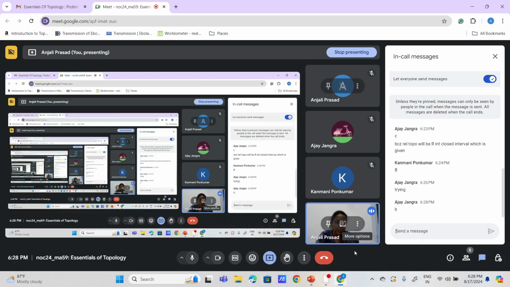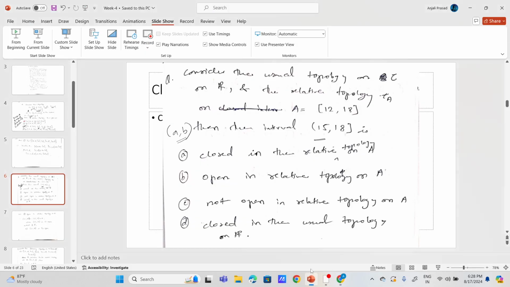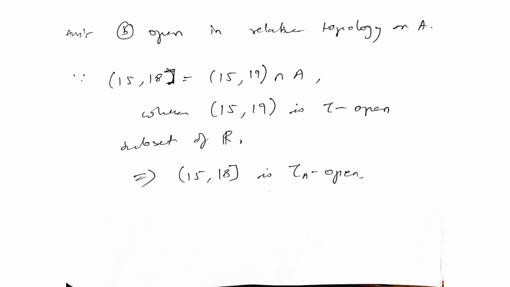So you also got B. Okay, let's check the answer. Yes, the correct answer is B. That is, it is open in the relative topology on A.